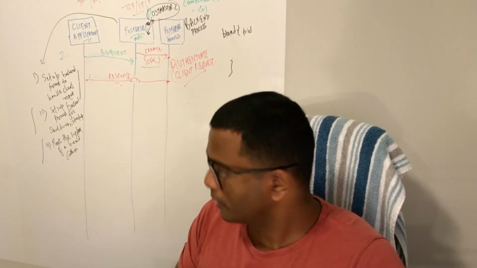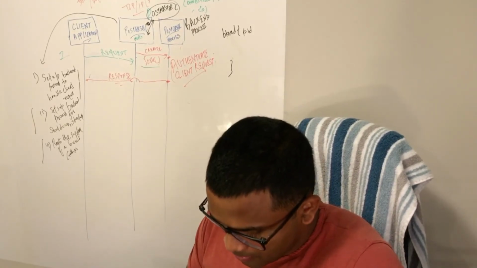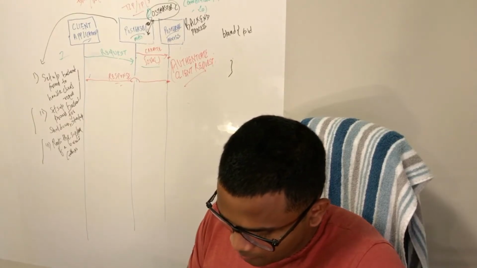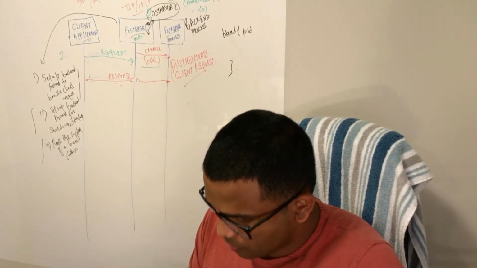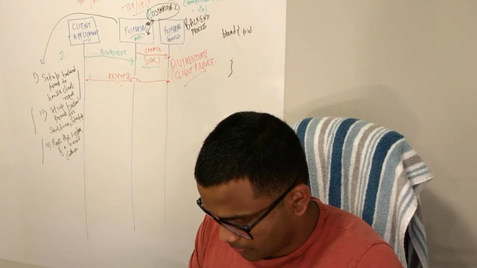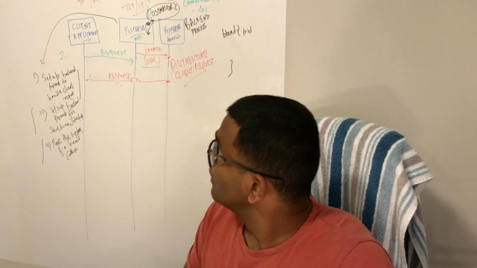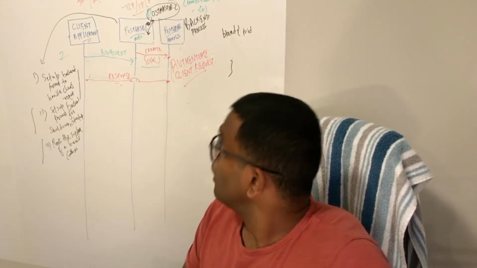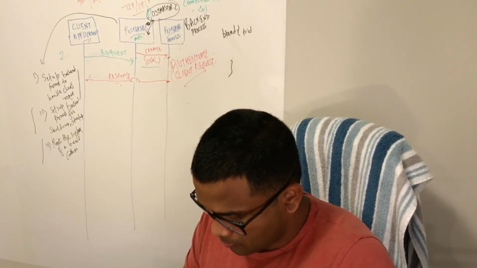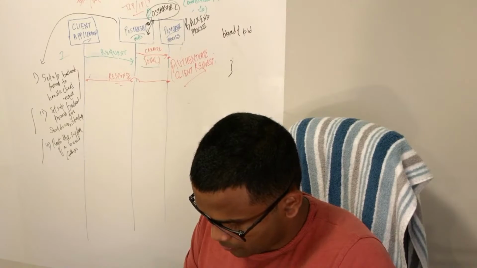Okay, so client application, and afterwards I'm gonna draw everything again. Application. Then we have postmaster.c.